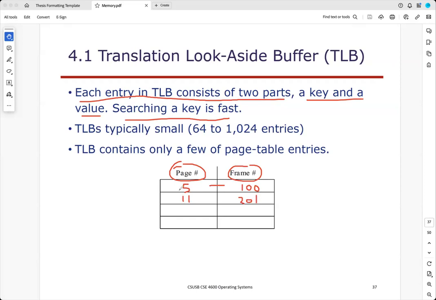Now we store the page number and frame number pairs in the TLB. The TLB capacity is typically small, so the TLB is not enough to store the entire page table. The TLB only contains a few of the page table entries.